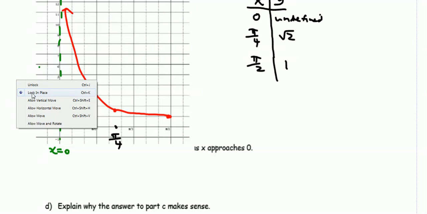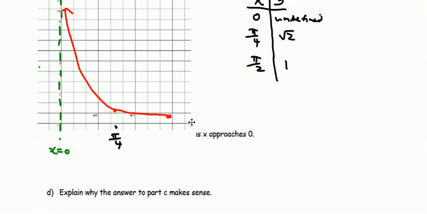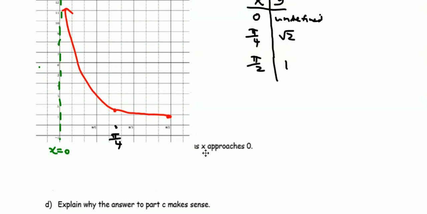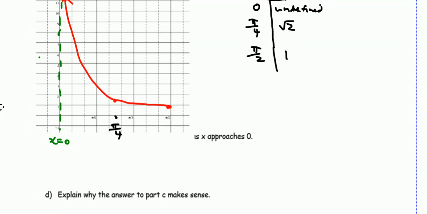Oh, goodness. There's a question under there that I need to access. I don't know what happened there. Okay. I'm not sure what the question is, but I think it's asking what is happening to our y values as x approaches 0.